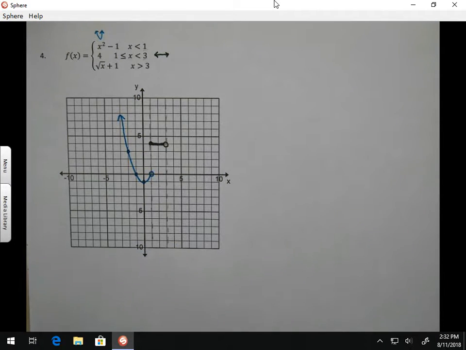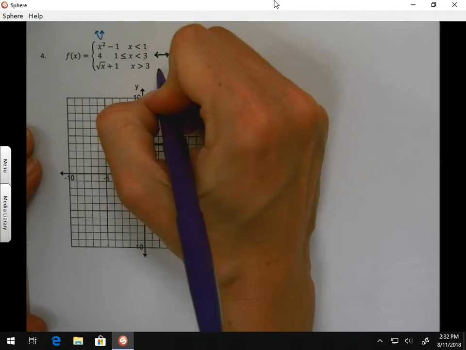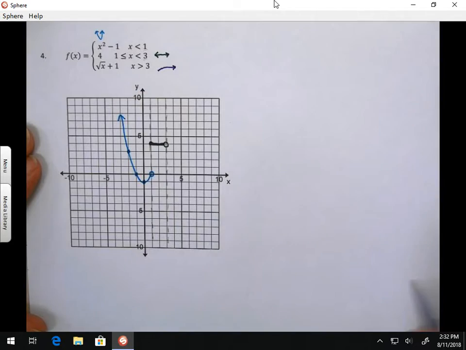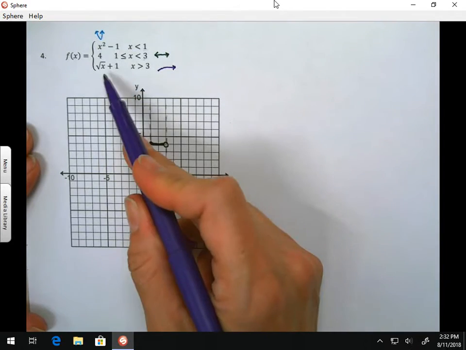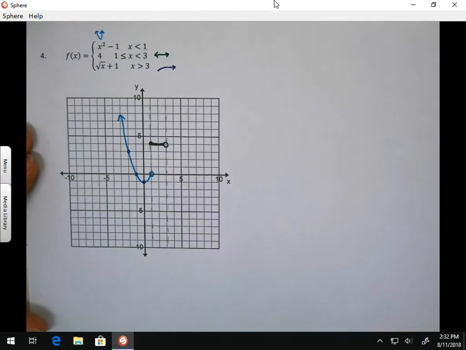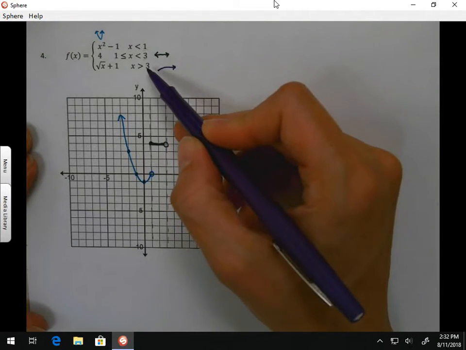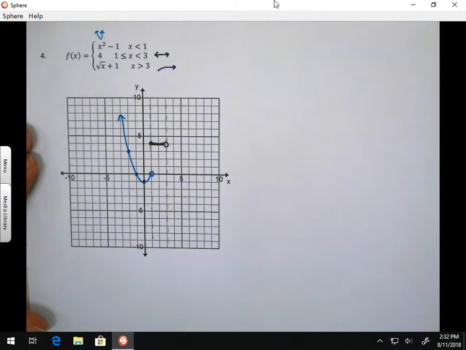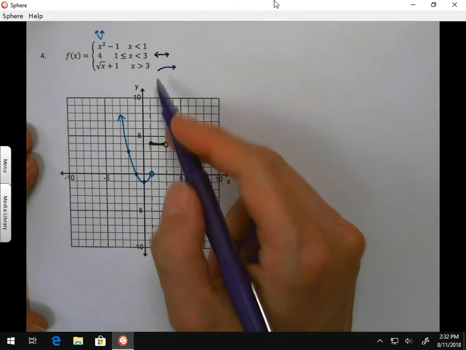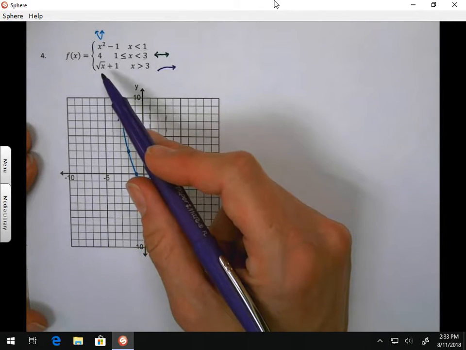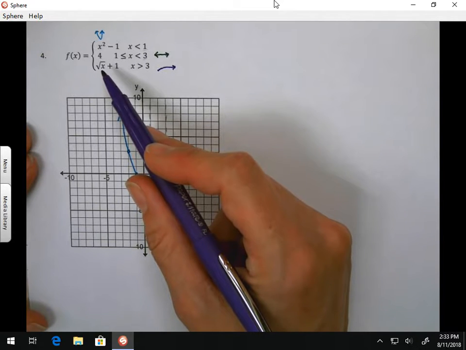Now, for my last piece, I have the square root function here, which we know, hopefully, looks like this. And what usually would be at the origin, it's just shifted up 1. Now, this is only for x greater than 3. So if I think of plugging in 3, I have the square root of 3, which is not really a nice number, right?